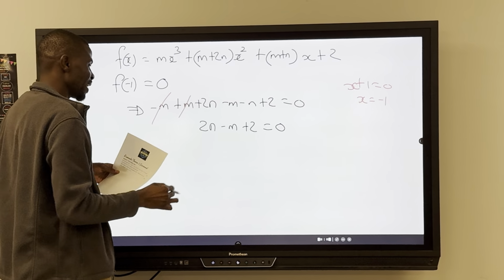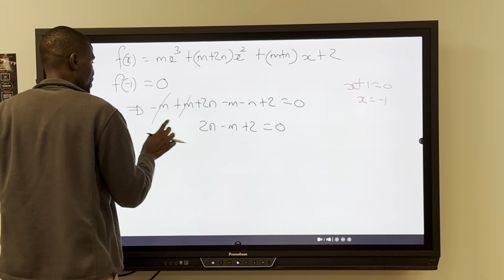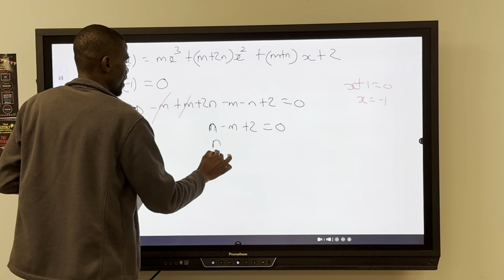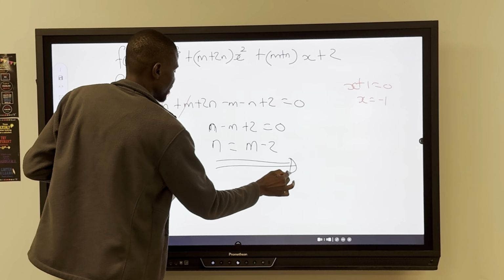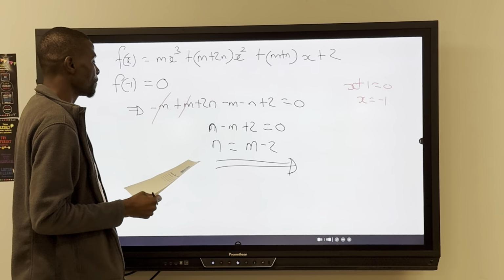And we need to express n in terms of m. So n equal to m minus 2, right? That's all for the first part. n equal to m minus 2.